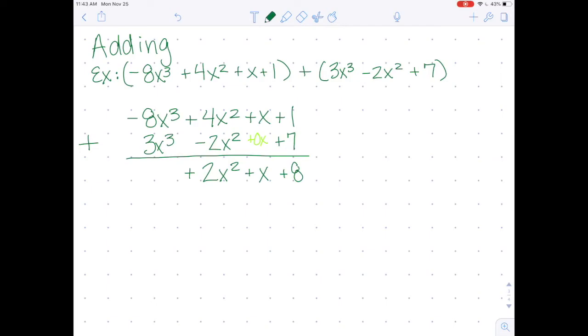And negative 8x cubed plus 3x cubed would give me negative 5x cubed. And there we are. Again, you could just look at it written horizontally and try to combine like terms. I just think it's easier when I stack it up so that I can see everything.